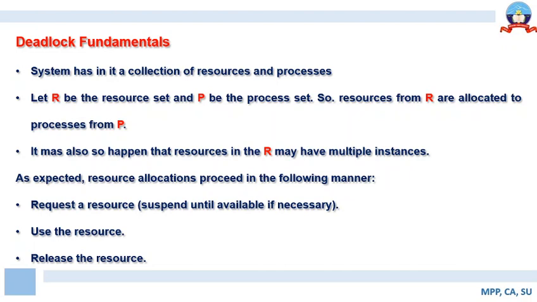Now, when a process requests a resource, two cases are possible. In the first case, the requested resource is available. In this context, the resource can be allocated to the process so that the process performs its operation and eventually releases it.